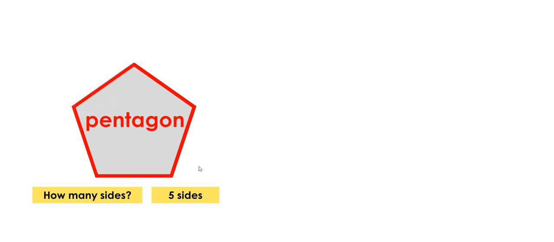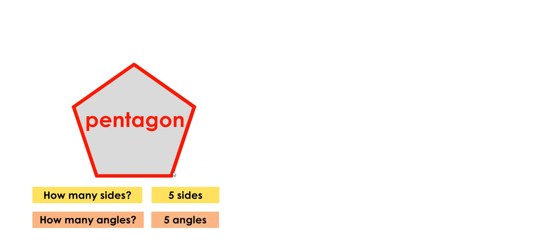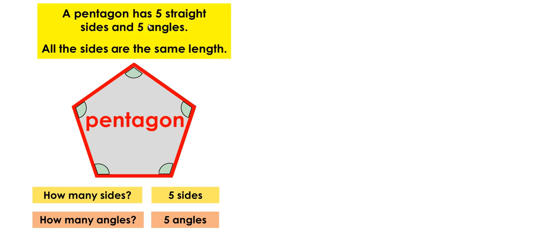How many angles? 5 angles. So this is a pentagon. And again, I will repeat. Penta means 5. So a pentagon has 5 straight sides and 5 angles. All the sides are the same length. So these are very important points: 5 sides, 5 angles, and 5 sides which are the same length.